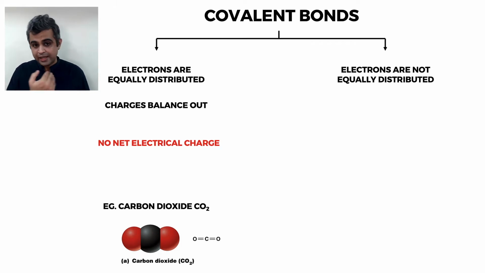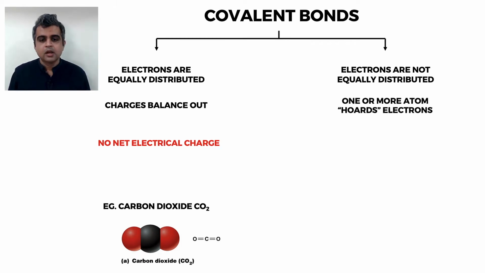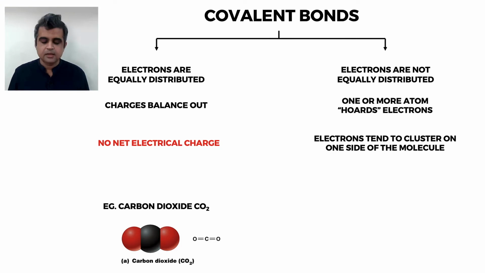Now let's have a look at the other type. When we see the other type, what can happen is that there is no equal distribution. So one or more atoms in the bond will hold the other electrons. That means it will try to grab electrons, it will try to keep more electrons on one side. So in this case, the electrons will tend to cluster on one side of the molecule more than on the other side.